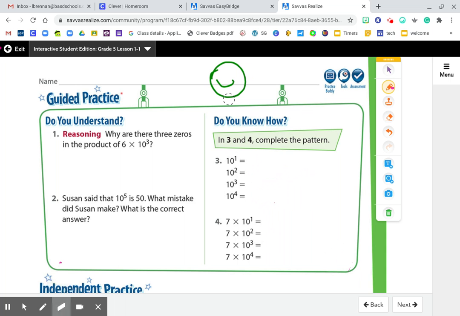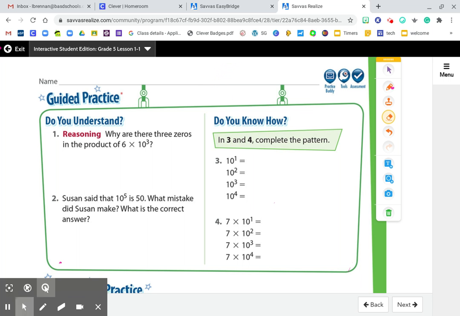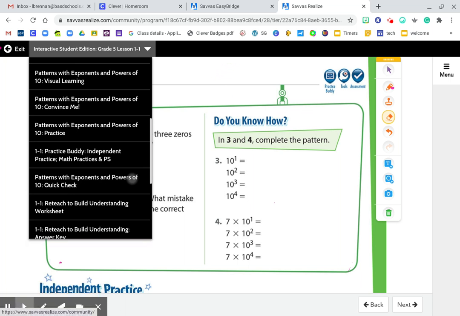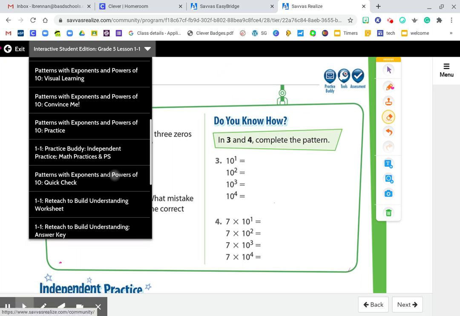And then you can do some of the other fun things I have up for you to do. There's place value games and some other things we can do when you finish your math work. So let me get buddy practice. There it is.